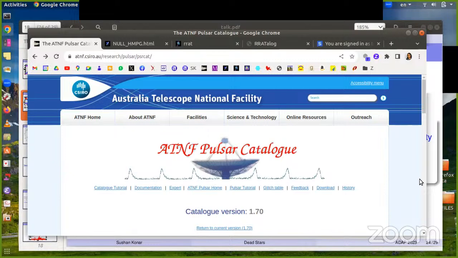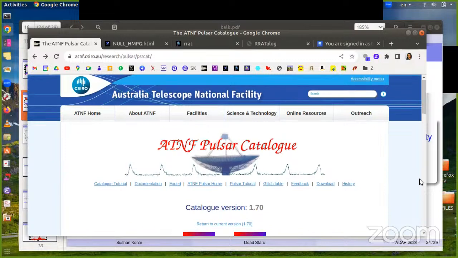They still have some glitches to fix, and they're telling me it will be up very soon. One version is already on GitHub, but they haven't made it public because they're not entirely happy with it. So this is another 2020 product, a lovely product. If it comes, the pulsar community is going to love it. So I'm very hopeful that they would fix the glitches quickly.